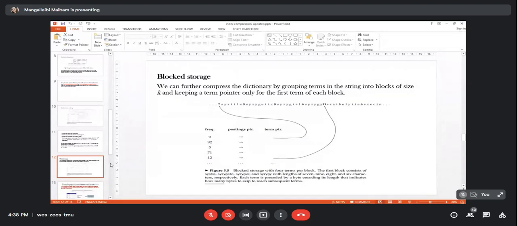Let us see the example: block storage with 4 terms per block. In each block there will be 4 terms.